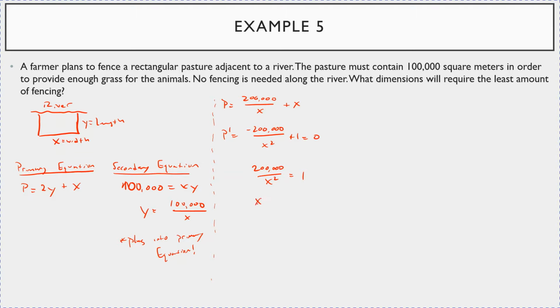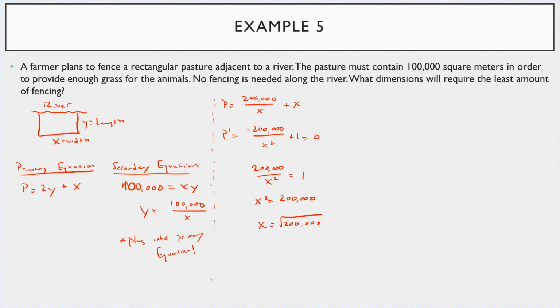Cross multiply, you get x squared is equal to 200,000. And x is equal to the square root of 200,000. And you don't need to take the negative here, right? Because you're finding a length and width, so they have to be positive, okay?